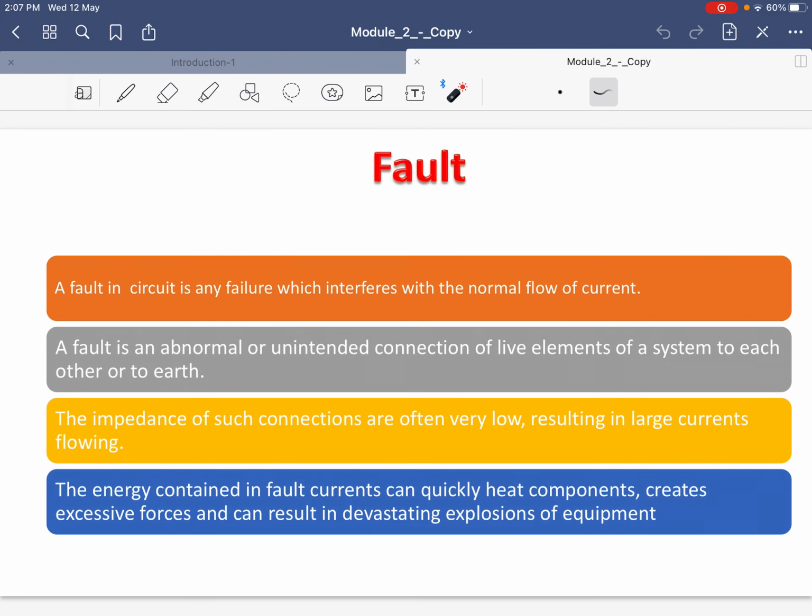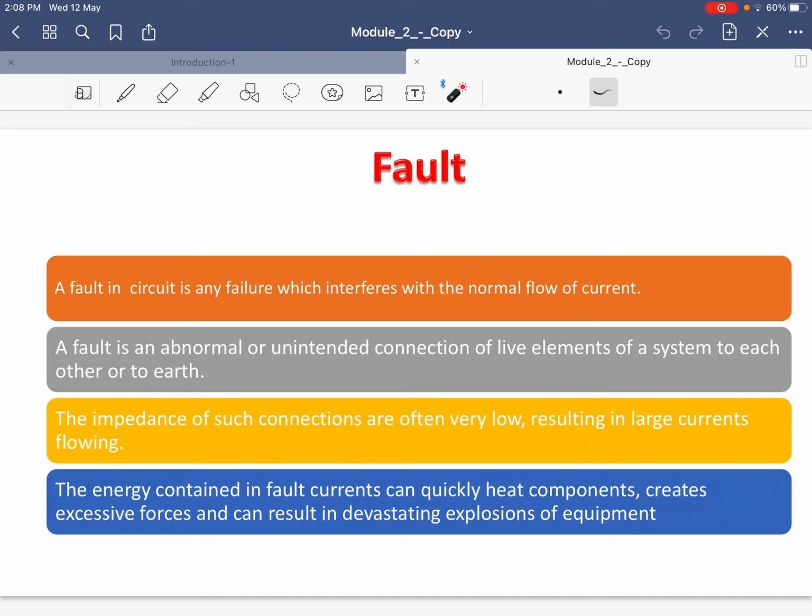In general, a fault can be defined as any failure in a system or circuit which interferes with the normal flow of current. That is, a fault is the interference of abnormal current with the normal power system.